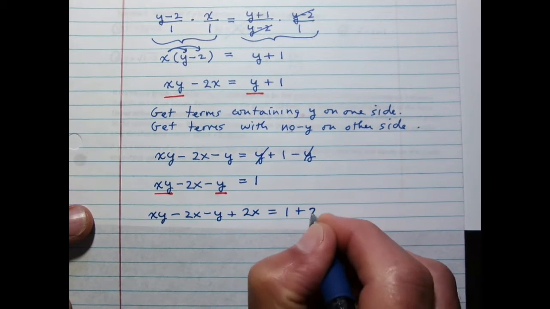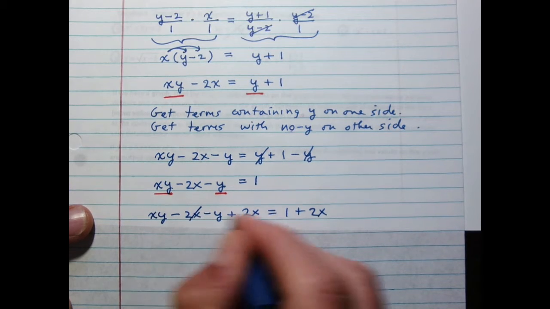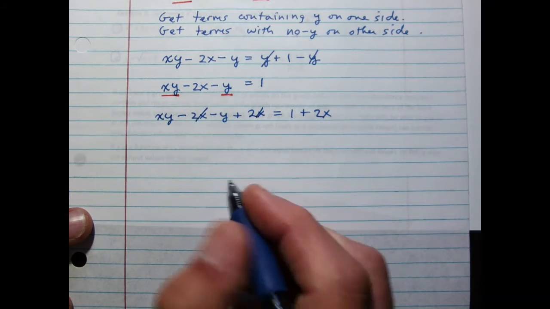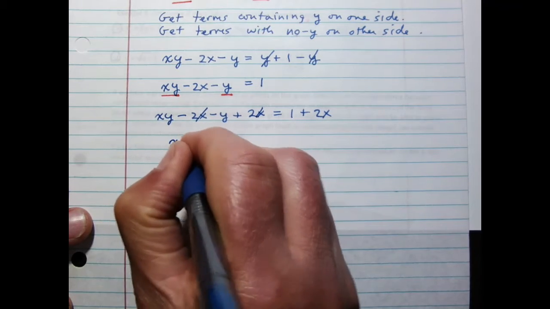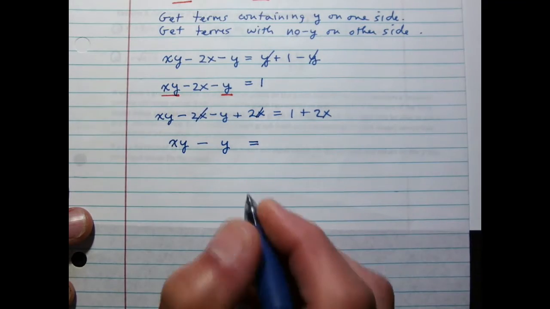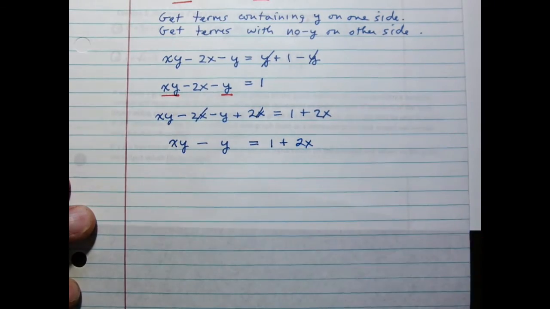And so I get 1 plus 2x on the other side. Minus 2x plus 2x leaves me with xy minus y on the left and 1 plus 2x on the right-hand side.